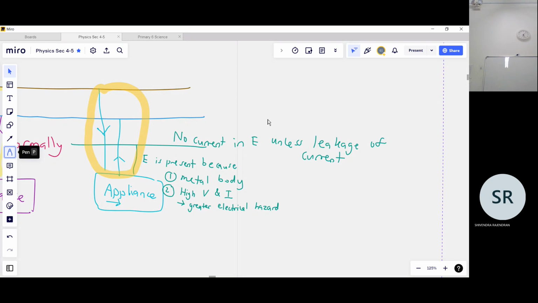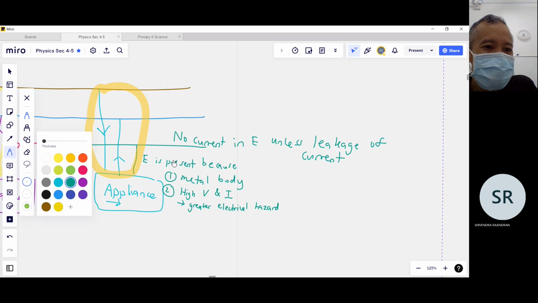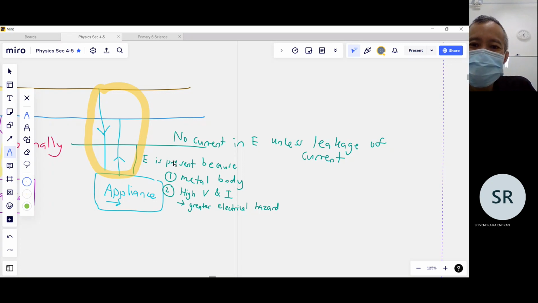Current goes where it's not supposed to go. Essentially, the live wire comes loose and touches the metal casing. That is when you have a leakage of current. Maybe I write down for you as well. This has been asked before: why is there a leakage of current?